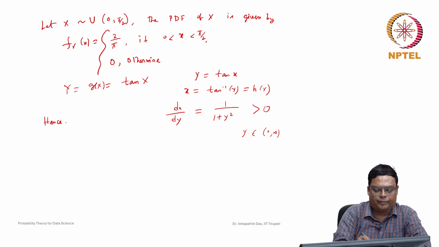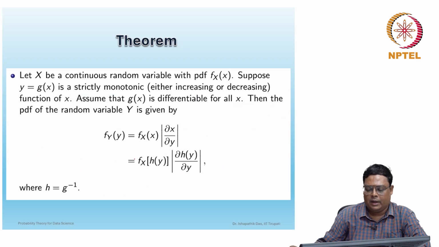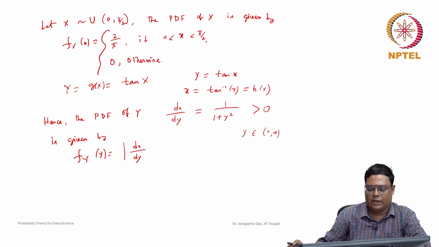Hence the probability density function of y is given by f of y equal to the absolute value of dx/dy times f_X of h(y).